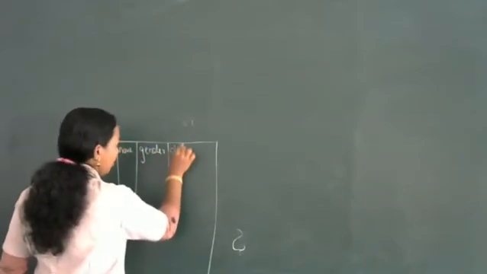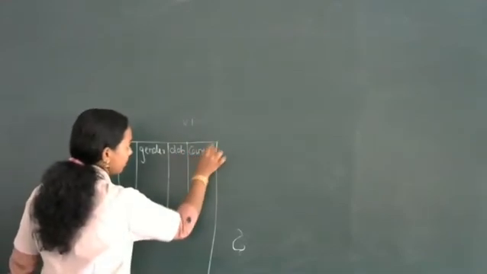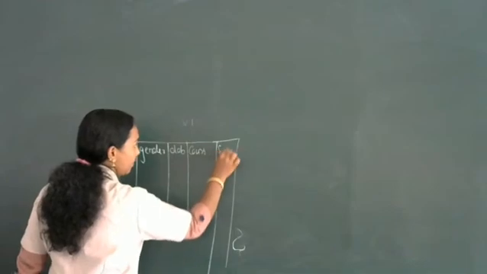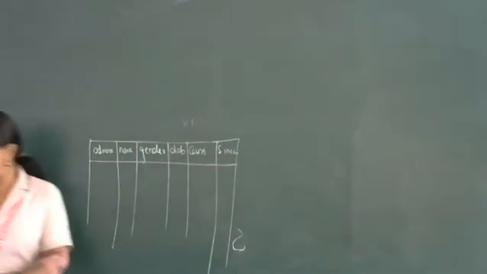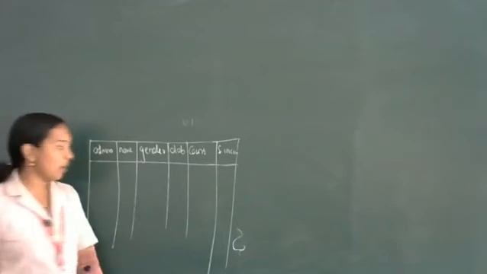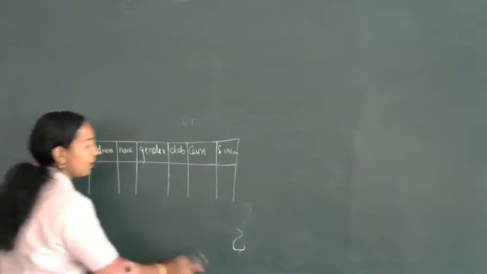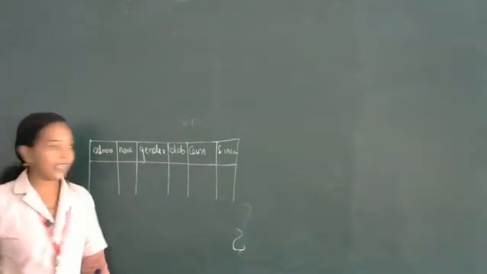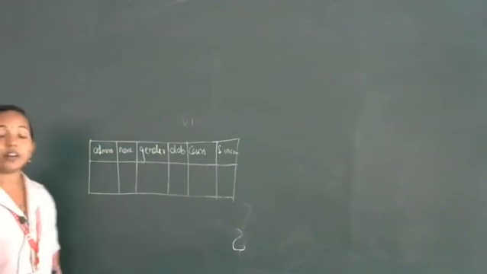DOB, which means date of birth. Course. Then fee, income. So when we create a table, automatically a table like this will be generated in the DBMS or in the database.